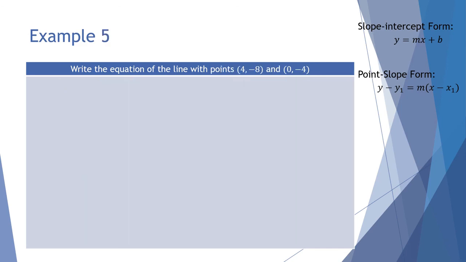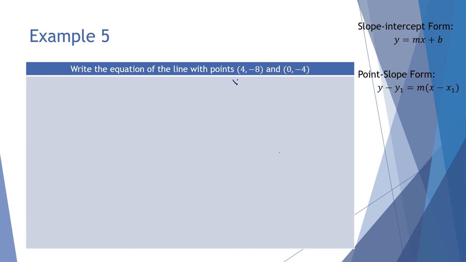Now this example is more similar to what you have to do because we've got to create the slope. We have to write the equation of a line with points 4, -8, and 0, -4. And we need to create the slope between these two points before we do anything else to get the equation.